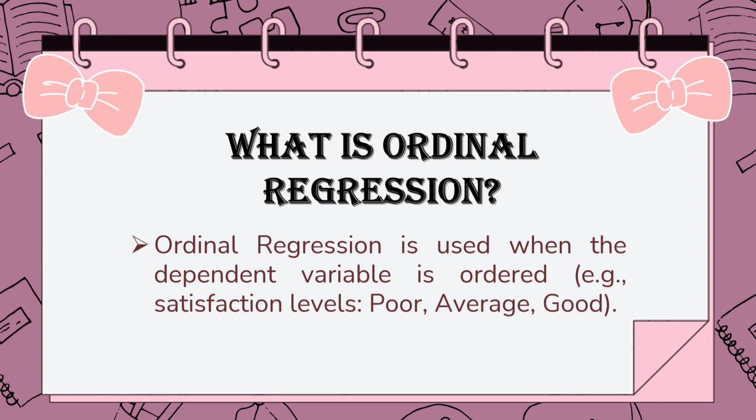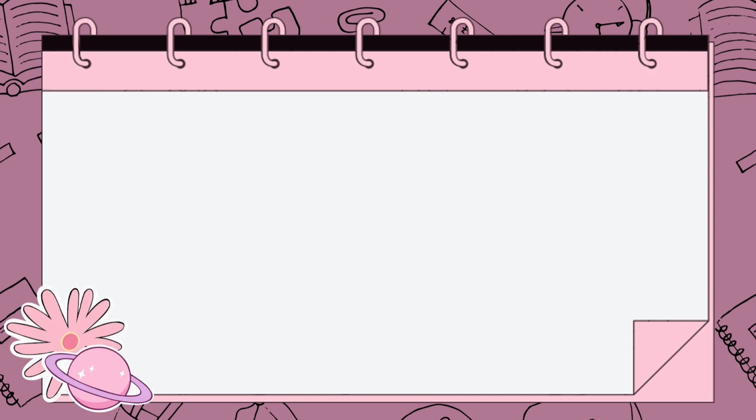It is a method used to predict outcomes when the result is in ordered categories. For example, if you're predicting someone's level of satisfaction, poor, average, or good, these categories have a clear order, but we can't say how much more satisfied one person is compared to another.